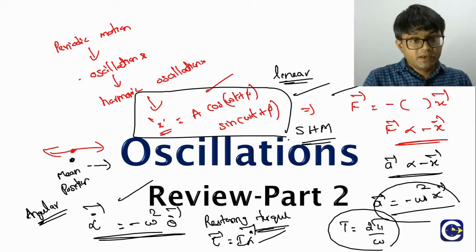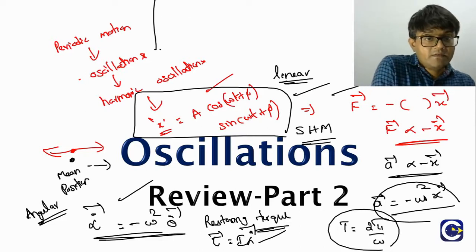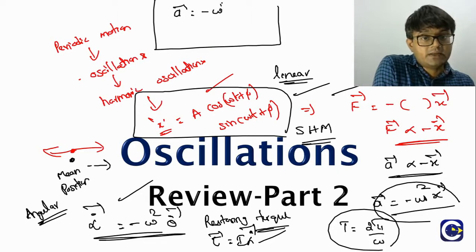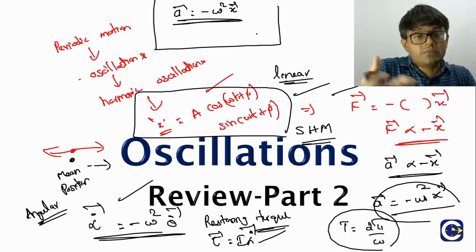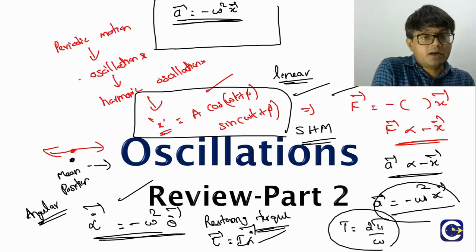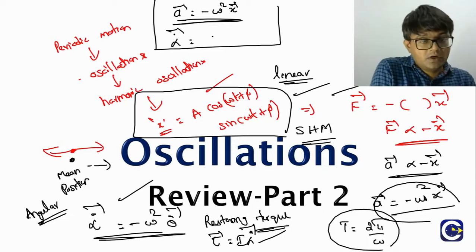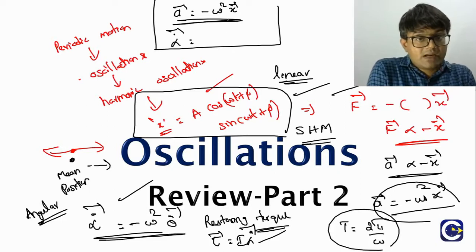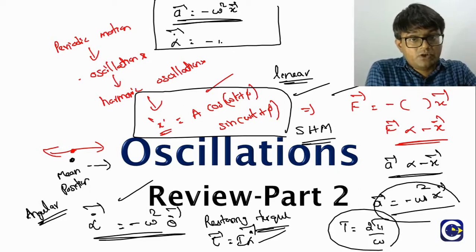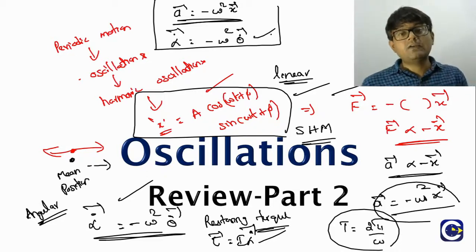The acceleration of the body should be in an equation like this, a is equal to minus omega square x, or if it is the case of angular oscillations, to check whether it is angular SHM or not, we should have the equation of this form: alpha equal to minus omega square into theta.